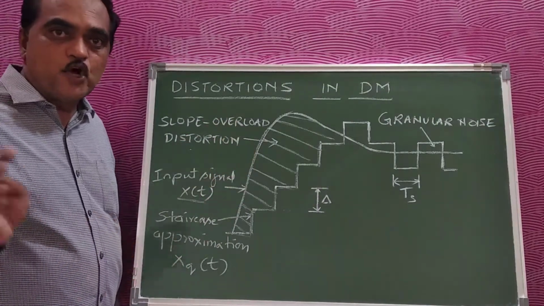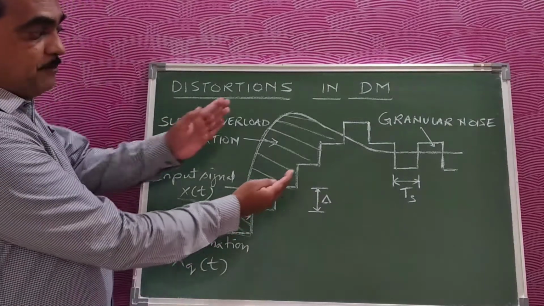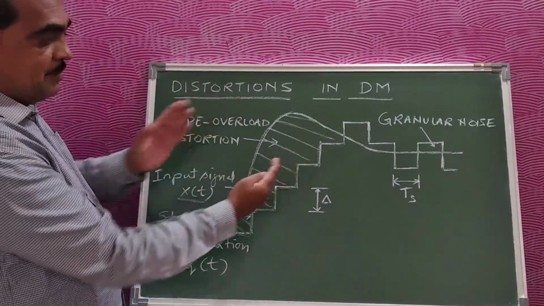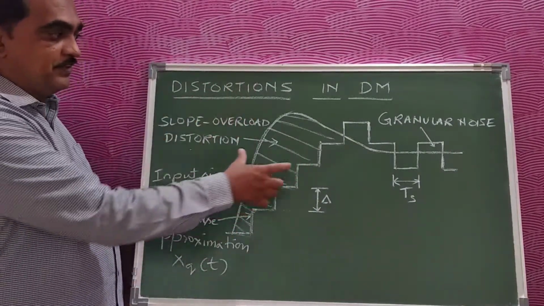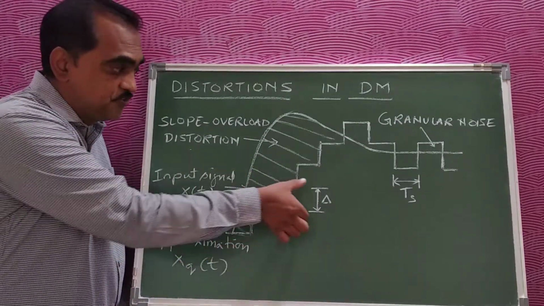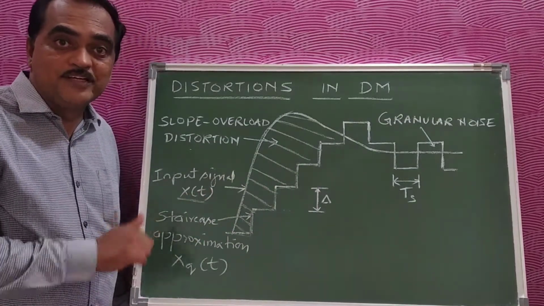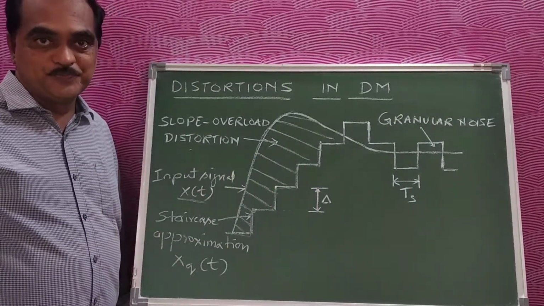It is not coming onto the analog wave to convert it into binary data. It is far behind and there is a gap because of this steepness. This happens because the staircase has a fixed step size delta. The step size is not going to vary here because it is delta modulation.